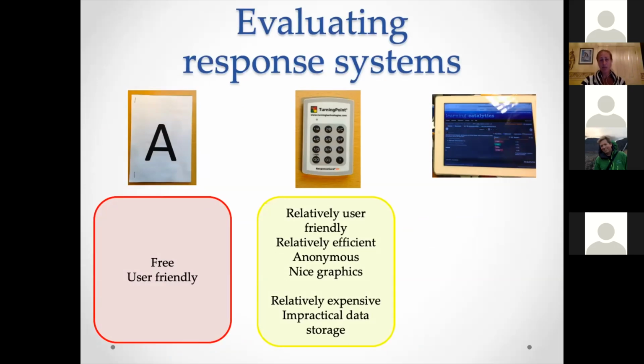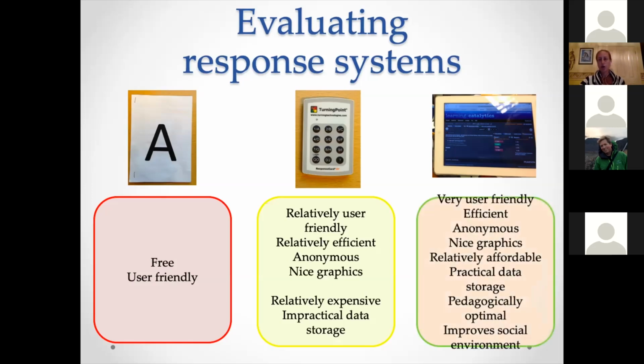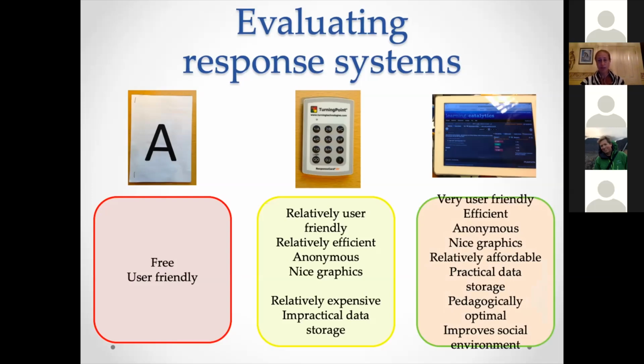They had the benefit of being anonymous and with nice graphics, but they were quite expensive and a bit impractical for data storage. So I ended up with Learning Catalytics, which I was very happy with. It was user-friendly, efficient, anonymous, with nice graphics, relatively affordable, with practical data storage, really good pedagogically, and with the added bonus of improving the social environment.